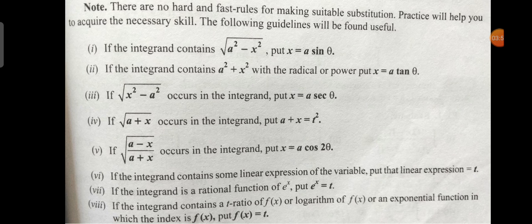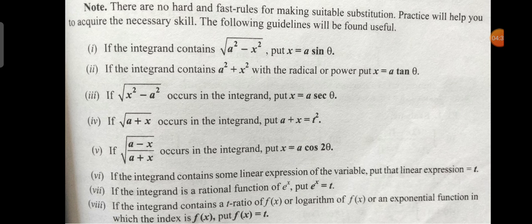There is no rule for a suitable substitution. Practice will help you. We have to practice many questions, then you will find an easy way of deciding which should be the t function or u function. Some easy guidelines are given: if the integrand contains root of a square minus x square, put x equal to a sin theta.